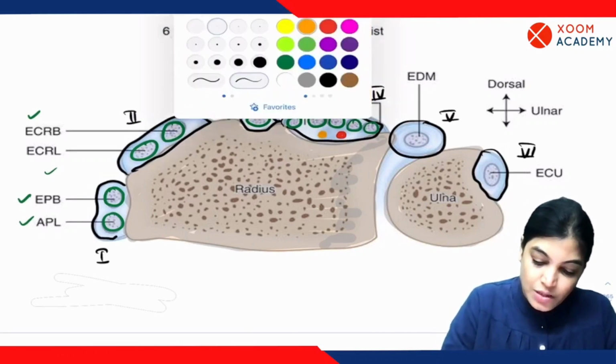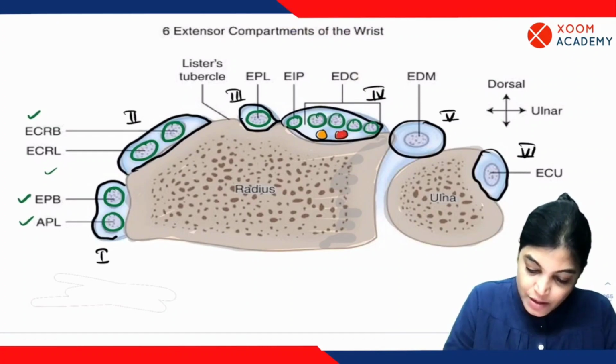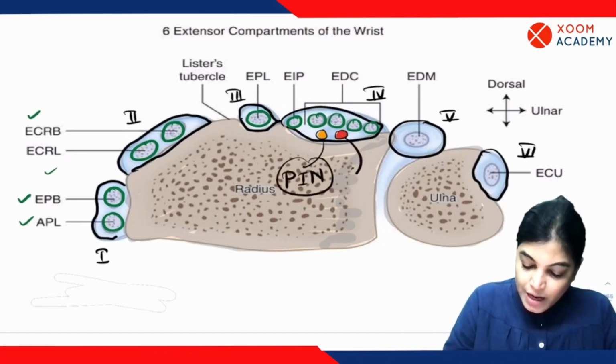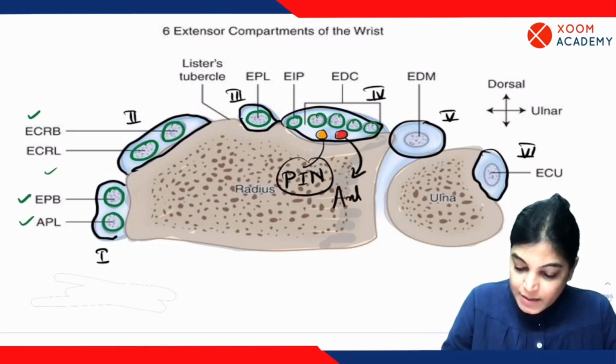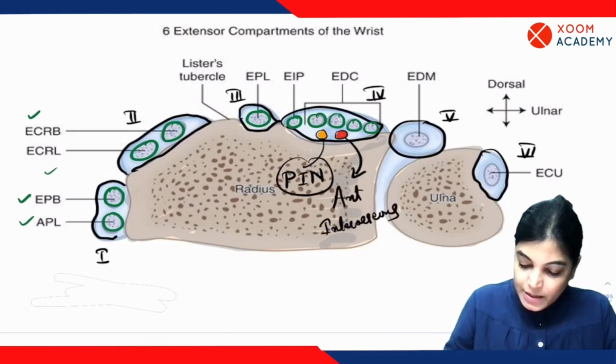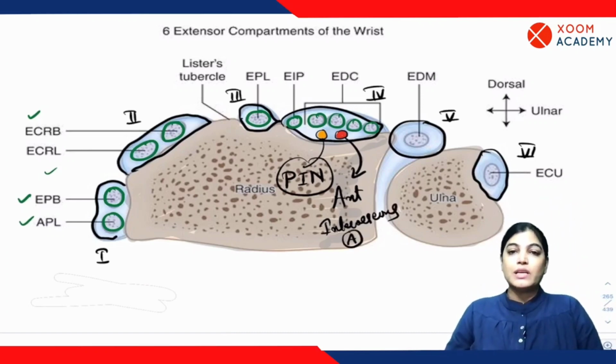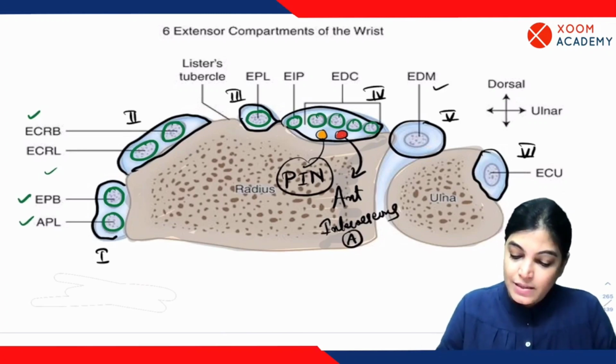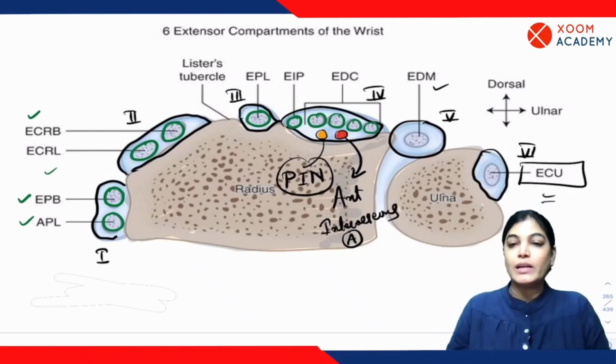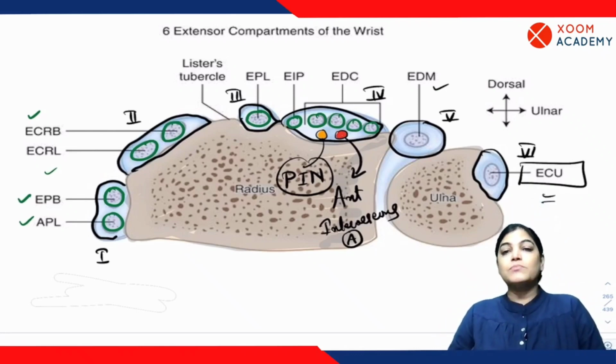So, in total we have 4 structures traversing here. The nerve is PIN, posterior interosseous nerve, and the artery is anterior interosseous artery. So, through the fourth compartment, 4 structures are traversing. In the fifth compartment we have extensor digiti minimi, and in the sixth compartment we have the extensor carpi ulnaris muscle traversing. It is important that we should know.